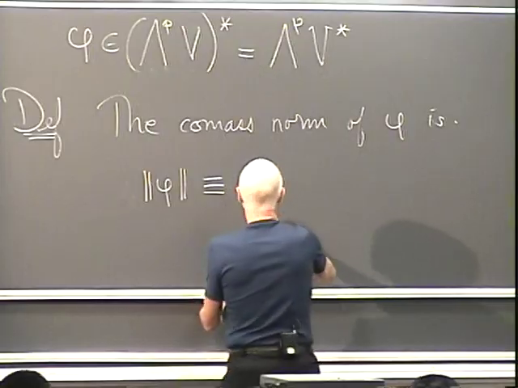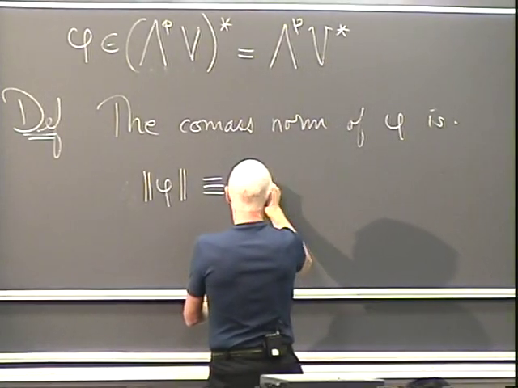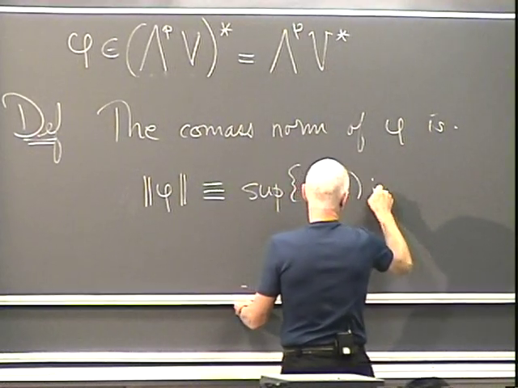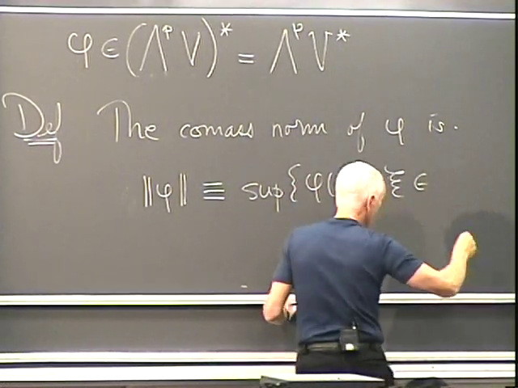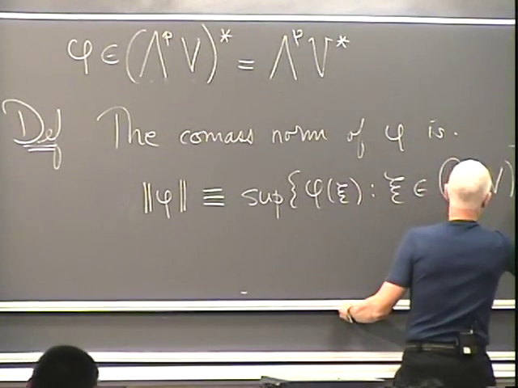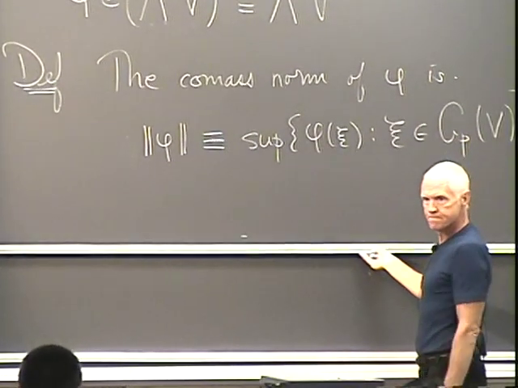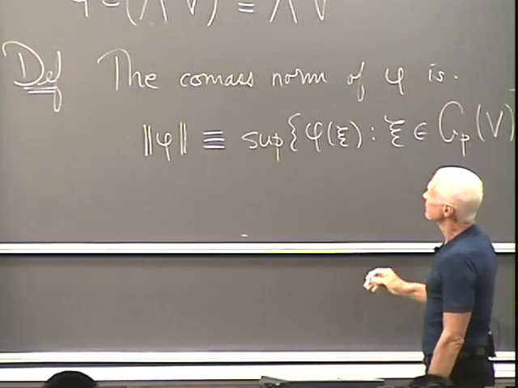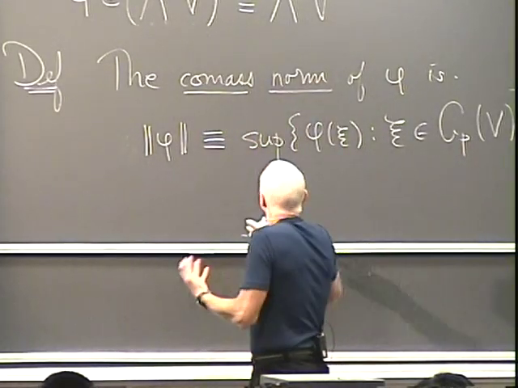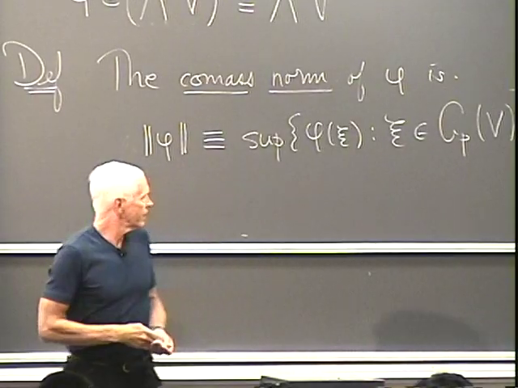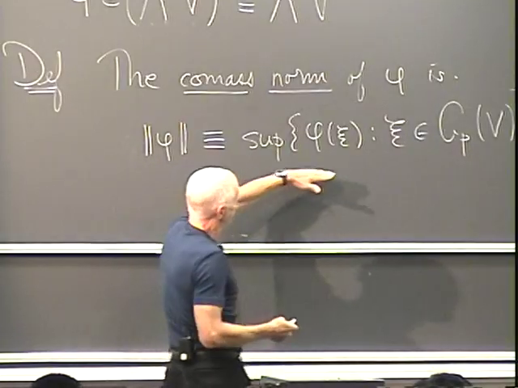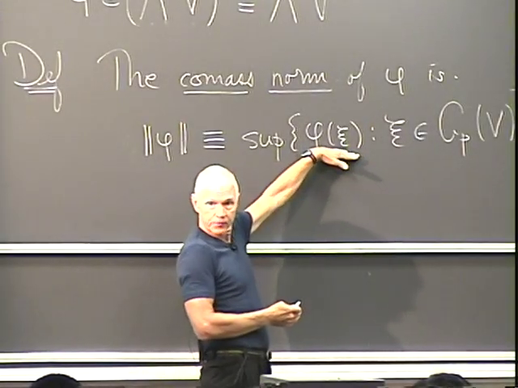And this is by definition the sup of phi applied to xi for all xi in G_p of V. Okay? So this is the co-mass norm. This is a norm on the dual space. And again, it's something which sees the simple vectors in a very special way.